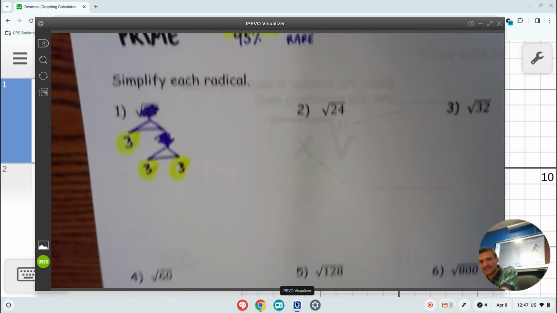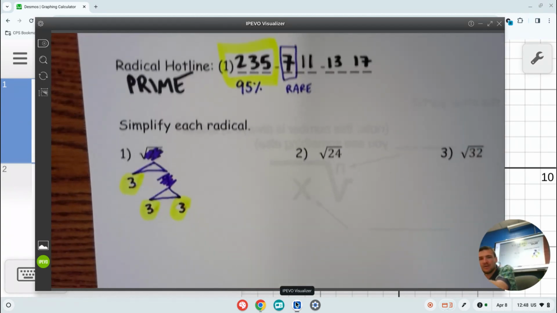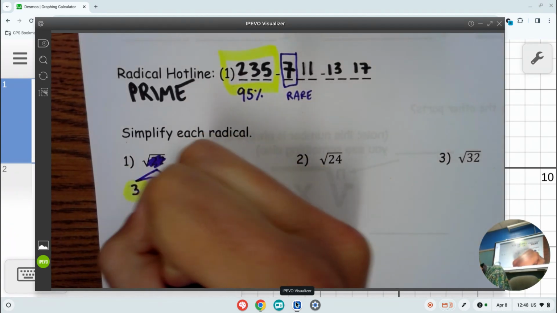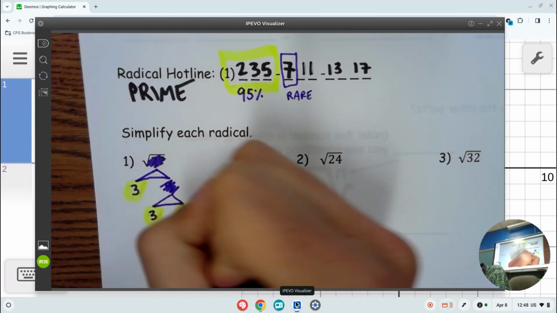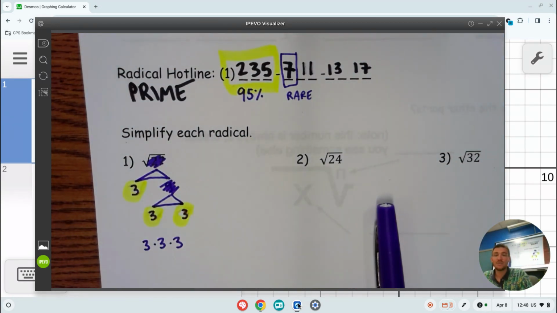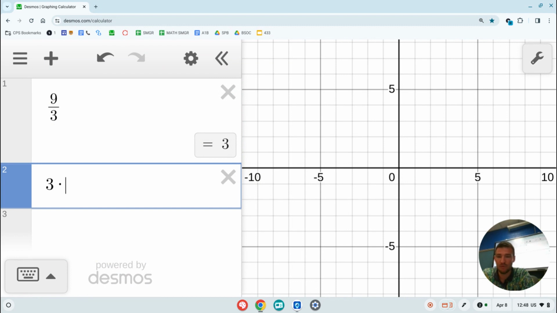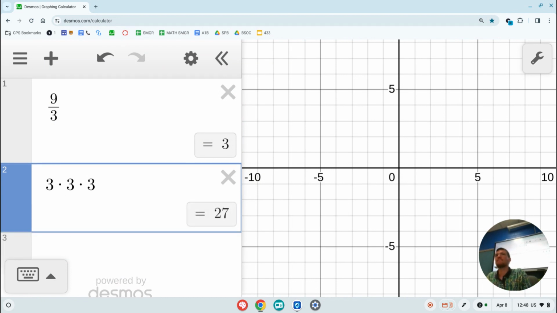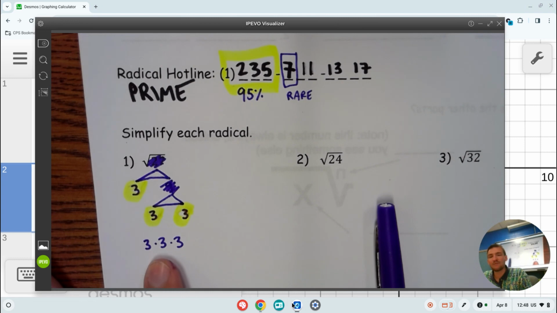And in fact, we talked about this in the last video on prime factorization. 3 times 3 times 3 is 27. That's where we originally started for this question. 3 times 3 times 3 is like 27 when you break all the Legos apart. Okay, so what we have right now is the prime factorization.